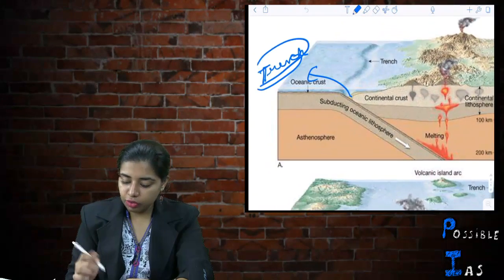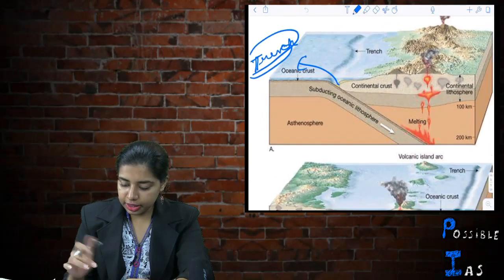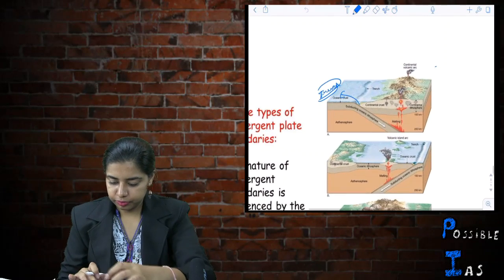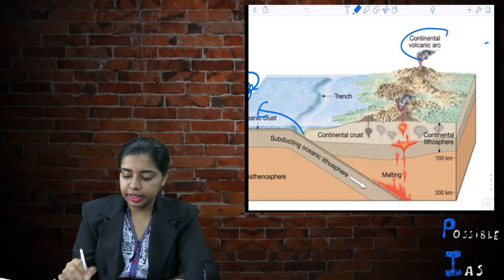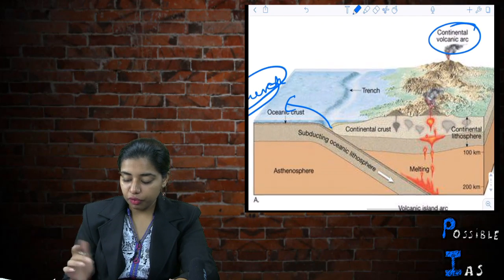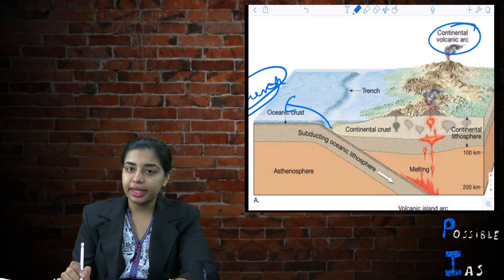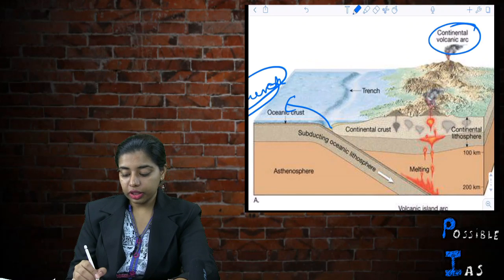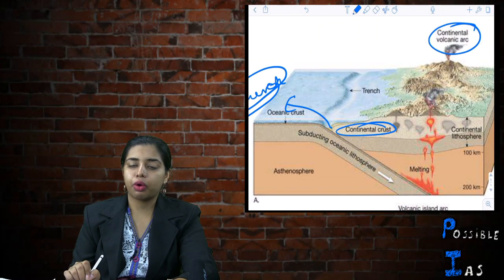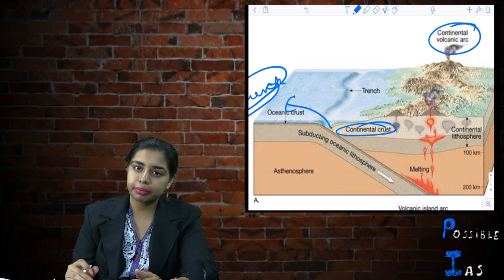So the first thing that is formed here is a trench. Now you see another feature which is formed, known as a continental volcanic arc. How is this continental volcanic arc formed? First of all, it is formed on the plate which is on the continental crust. That means it is formed on the plate which is overriding the subducting plate.